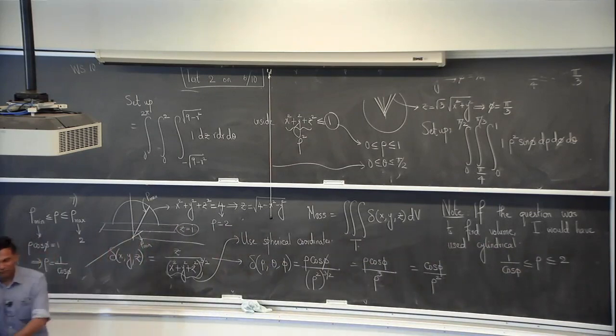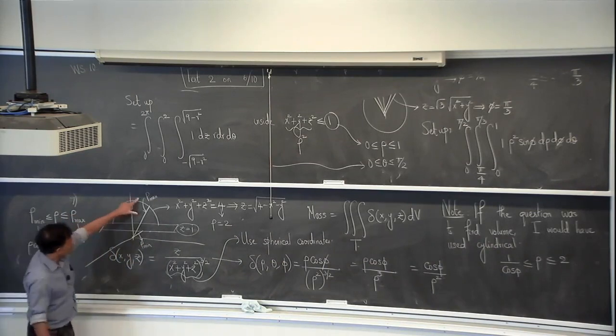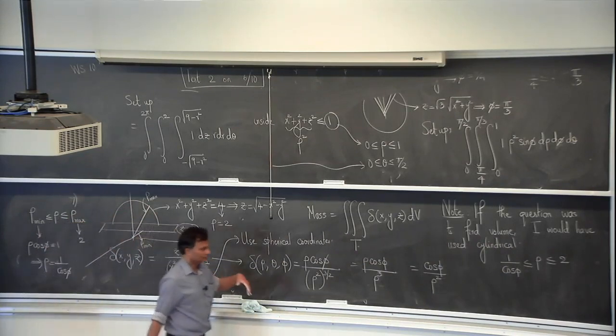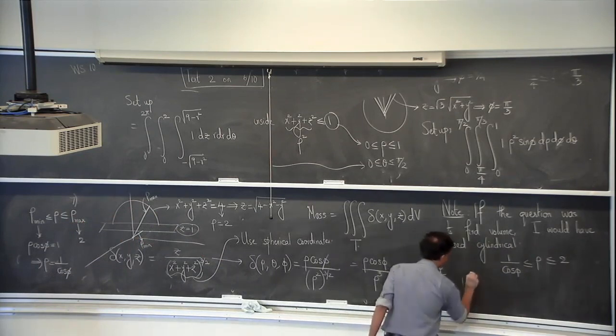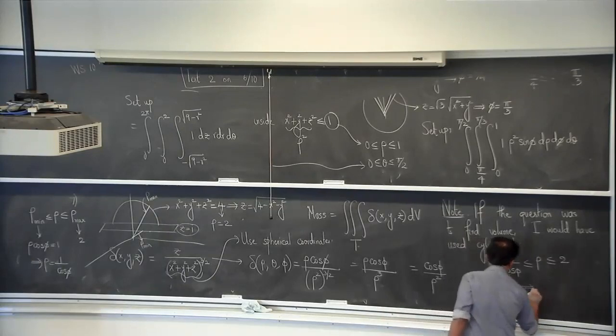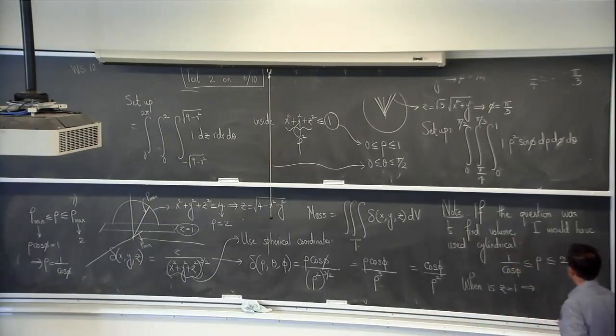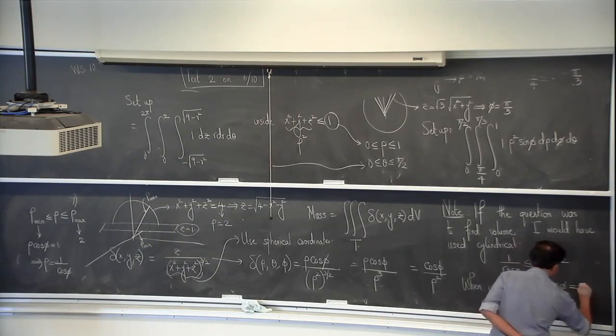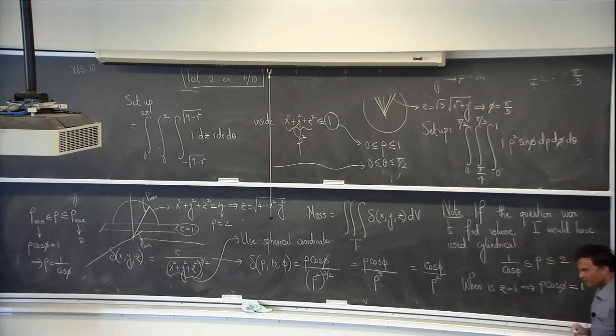What will be the limits of phi here? When does this hemisphere intersect this plane? So when is z equal to 1? That means you have rho cosine phi equal to 1, right?